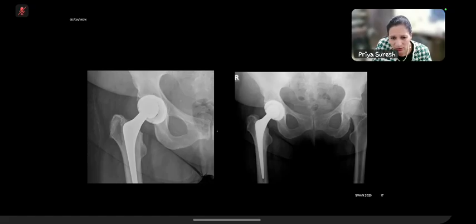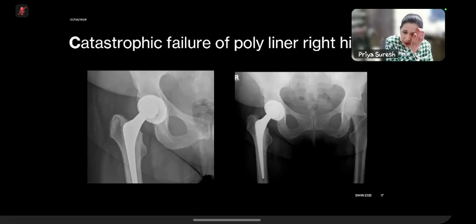It's straight on, but this is very asymmetrical. So this is nothing but catastrophic failure, meaning complete failure. It's not that kind of catastrophe. It's complete failure of the polyliner of the right hip.